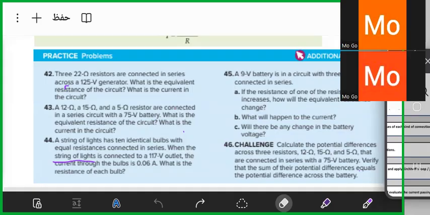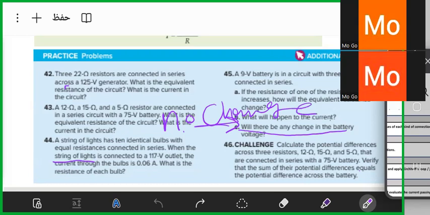Another one: will there be any change in the battery voltage? Let's see. We have a battery and the change in voltage. No, it will not change, because the battery is the same.